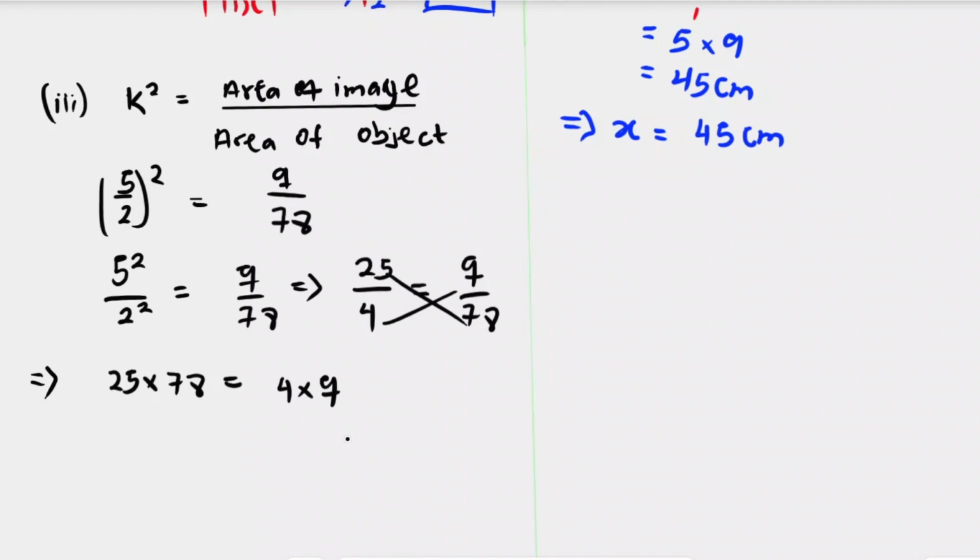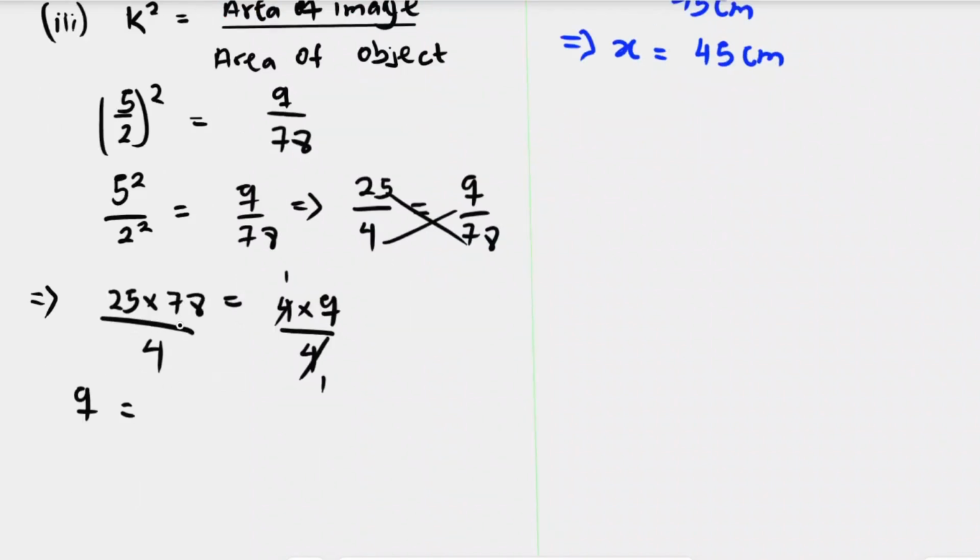So what do we do? We have to divide the whole of this side by 4. Easily, 4 will just cancel this 4 and we have K left. So K is equal to the whole of this stuff divided by 4. Let's simplify the numerator, and that's going to be 25 times 78. That will give us 1,950.